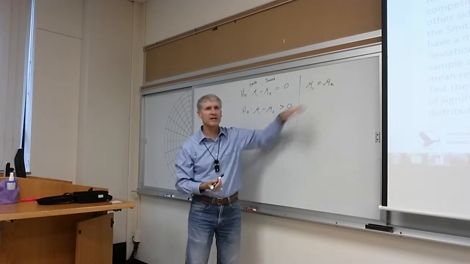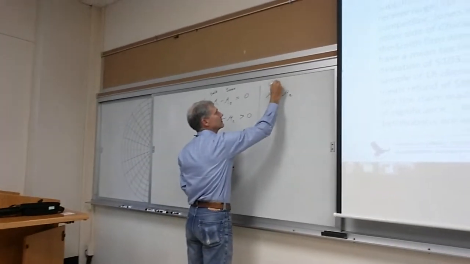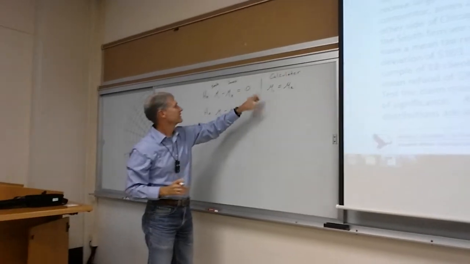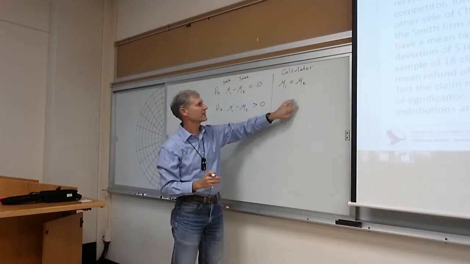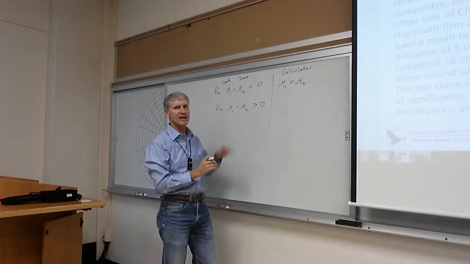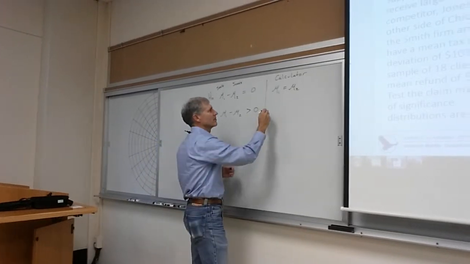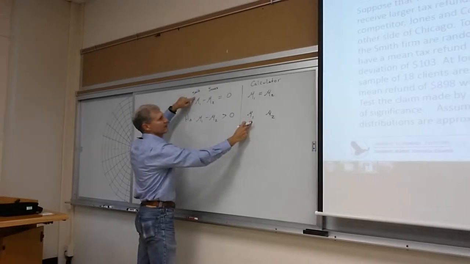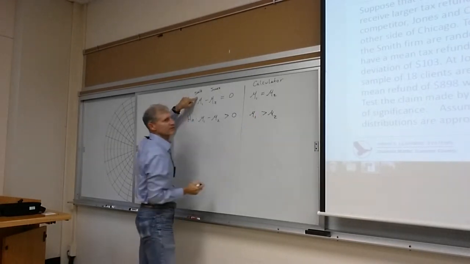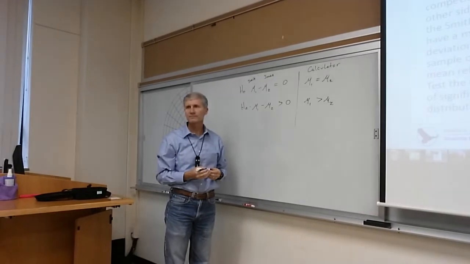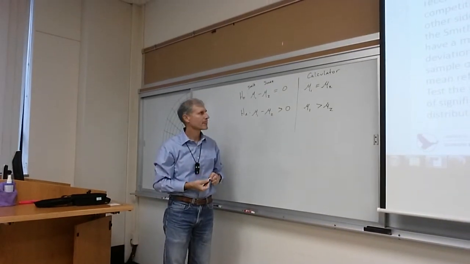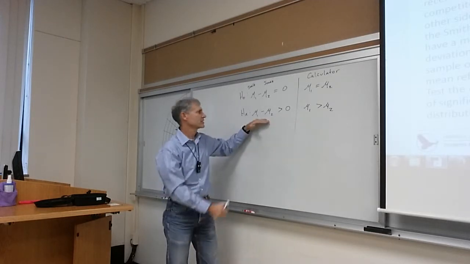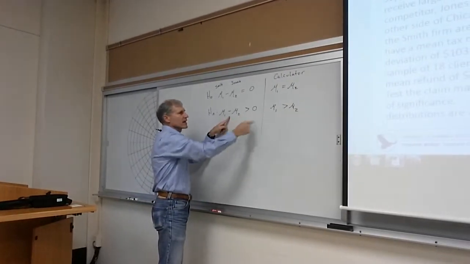Our calculator is set up this way. But it also makes it easier for me when I define 1 and 2 to figure out the directional symbol and then transfer that back over accordingly. If mu1 is Smith, larger tax refunds would be bigger. So you'll need to set it up this way when we go to the calculator. But just know algebraically, you move that mu2 over there and it matches.